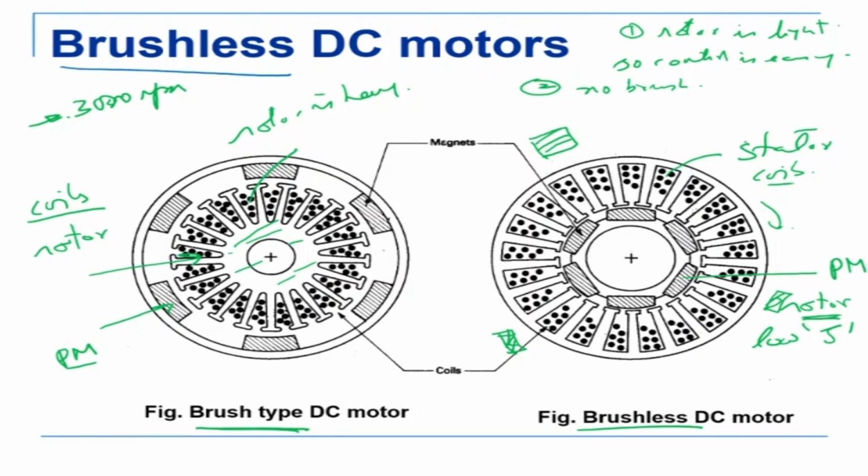Now the advantage is there is no brush, the rotor is light, so control is easy. So these are the advantages. Disadvantage: because you need to have magnets in the rotor, the magnets have to be very, very strong, because tau is equal to J into theta double dot.